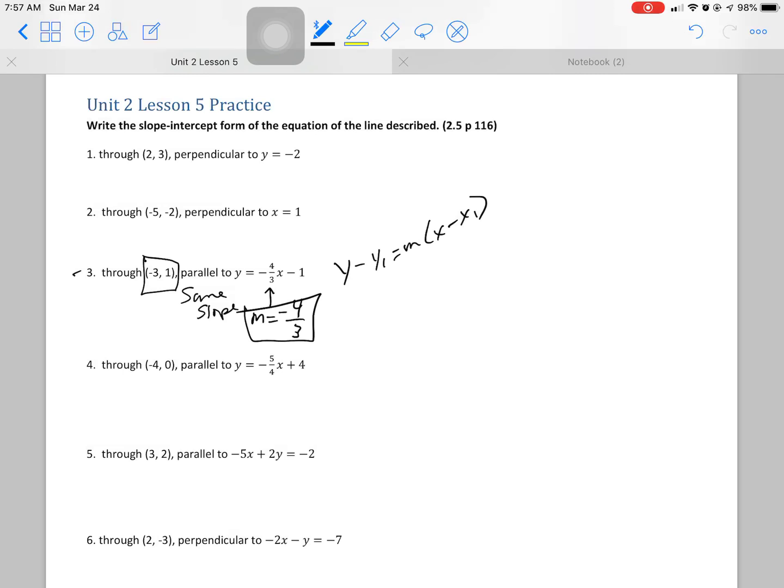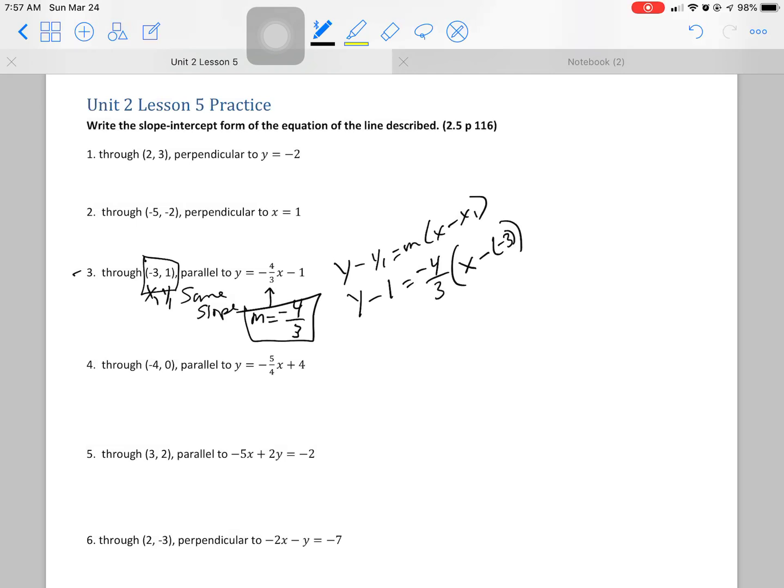All right, so I want to put in x1, y1. So this is going to be positive 1. Oops, don't put an m. Put the slope. And the x1.